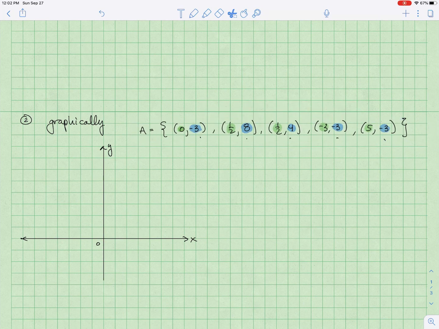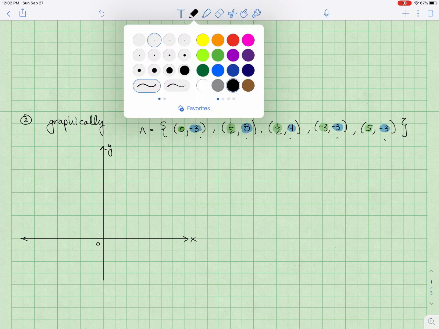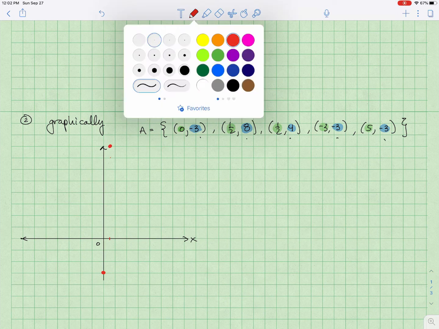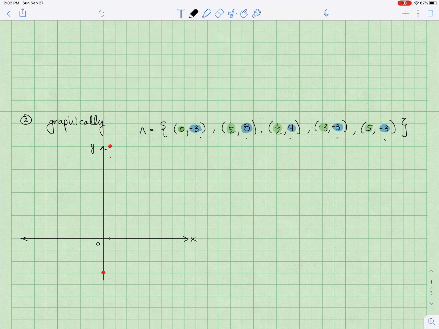And so 0, negative 3 is here. 1/2, comma 8. 1, 2, 3, 4, 5, 6, 7, 8. Let's get that y back there on the other side. Okay.